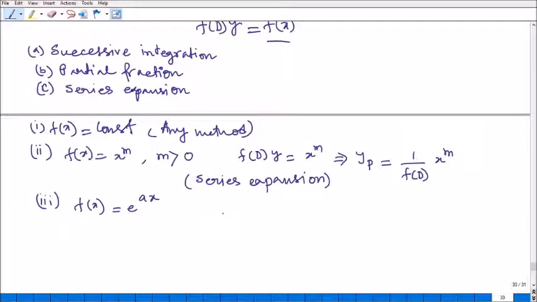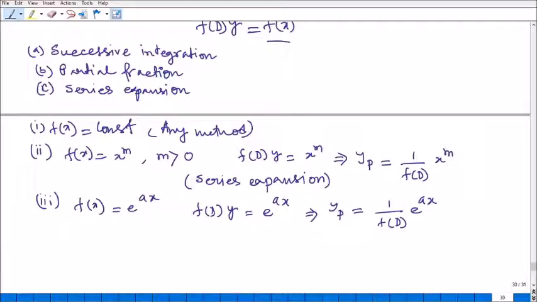Let me write first the differential equation, that is f of D applying on y is equal to e to the power ax. So the particular solution is yp equal to 1 by f of D operating on e to the power ax.